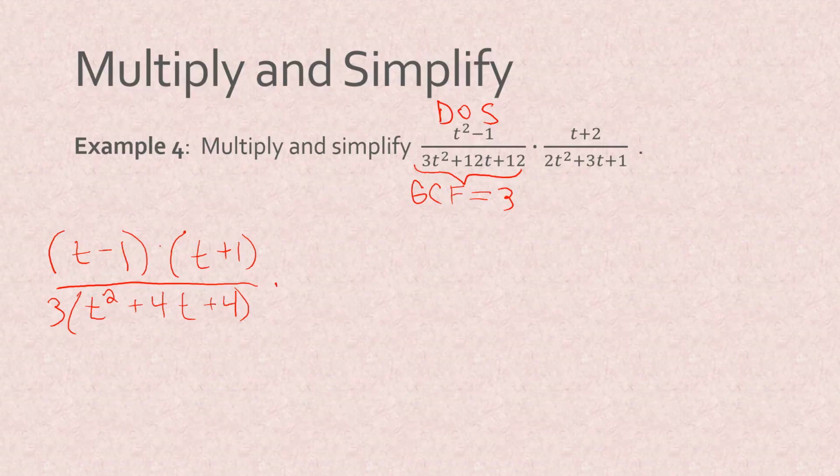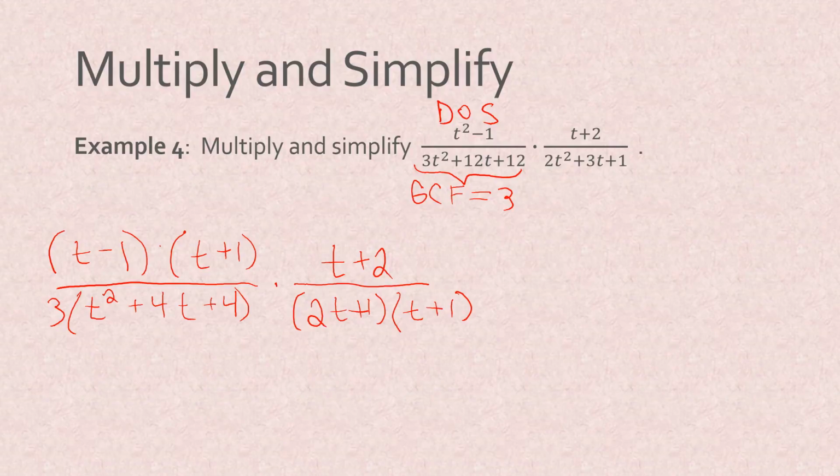And then in the second fraction, the t plus 2 is a linear factor, so those never factor additionally, at least not non-trivially. And then the 2t squared plus 3t plus 1 is a trinomial. And so let's see, it ends up factoring into 2t plus 1 times t plus 1.